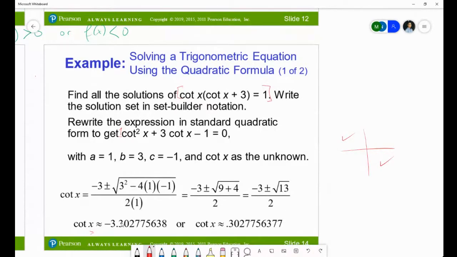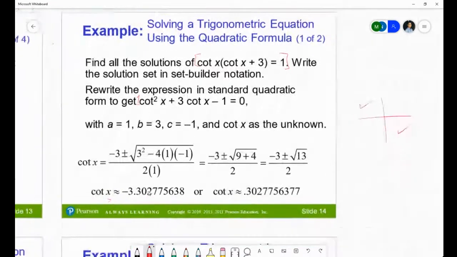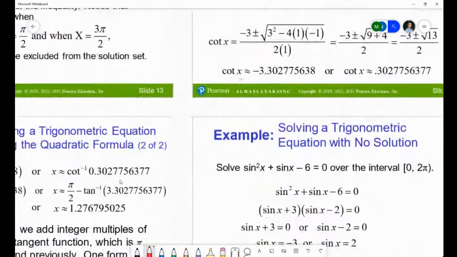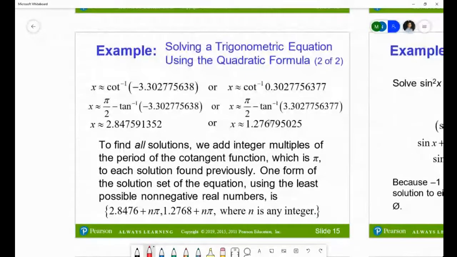If you do cotangent inverse of this value, we get 2.84 radians, and we can always add pi n. Remember that the period of tangent and cotangent is pi, not 2 pi. This is why they use n pi instead of 2 pi n.